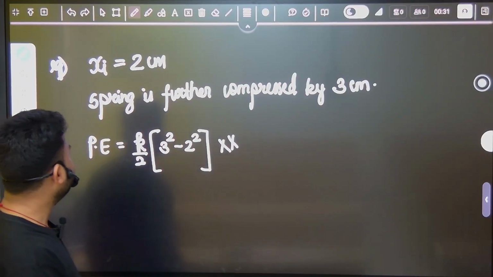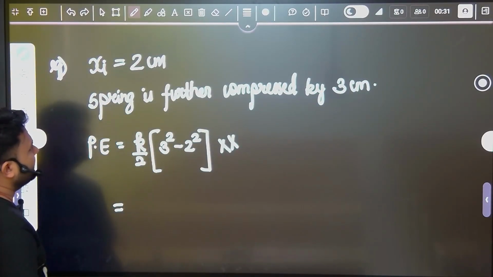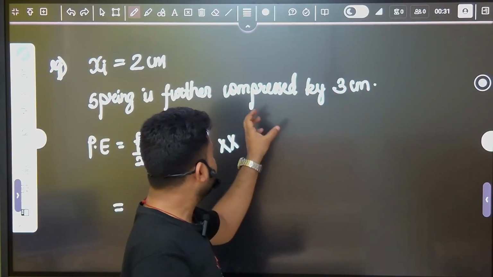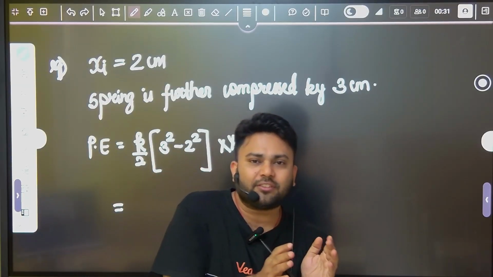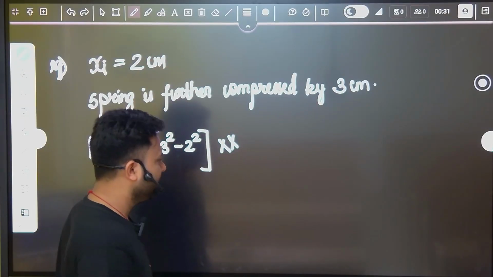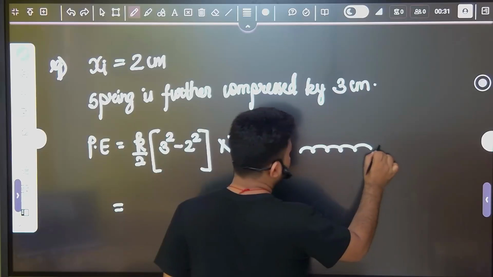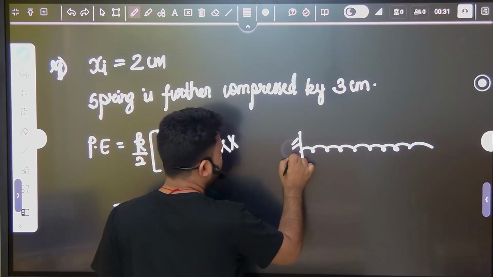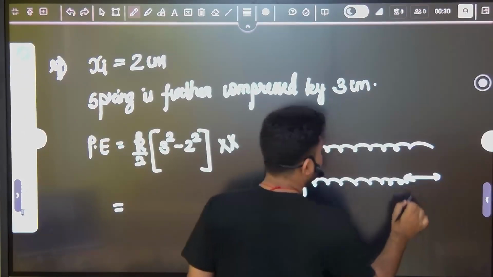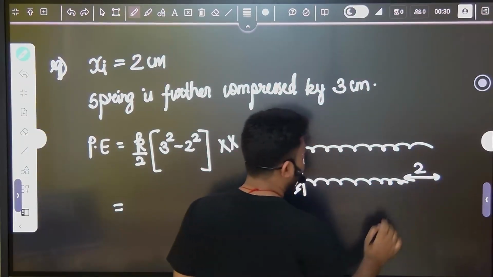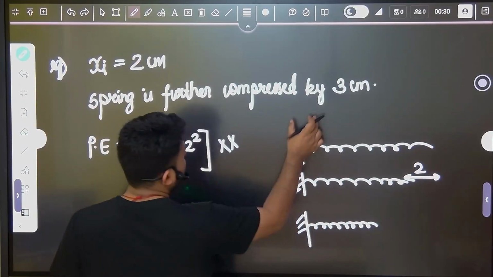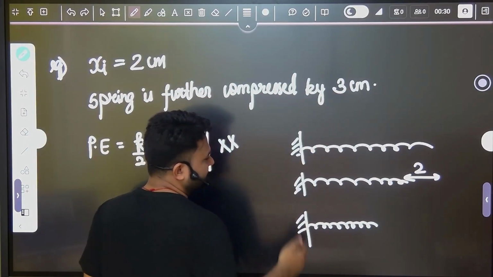Why? See, initially the spring was compressed by 2 centimeter and further it was compressed 3 centimeter. Means what was the final compression from the natural length? 3 plus 2, 5. See, suppose this is the natural length. Initially they have compressed by 2 centimeter, and then they are compressing further by 3 centimeter.